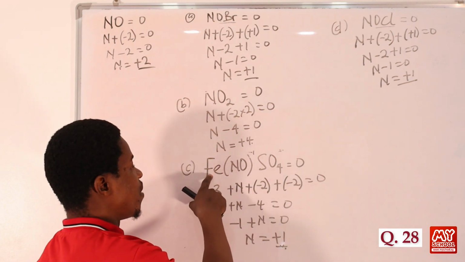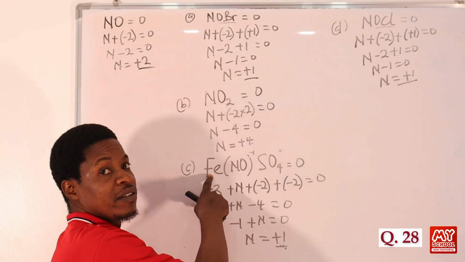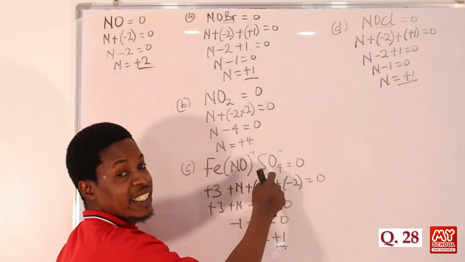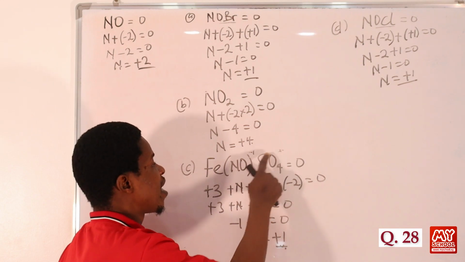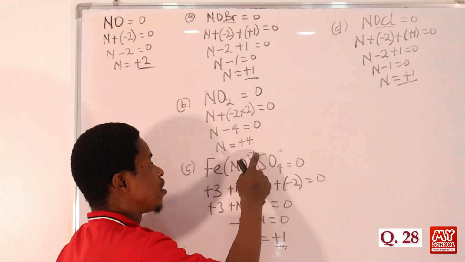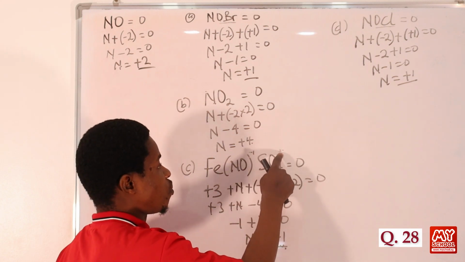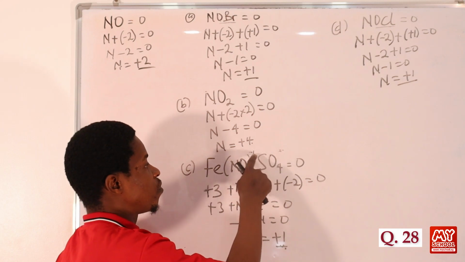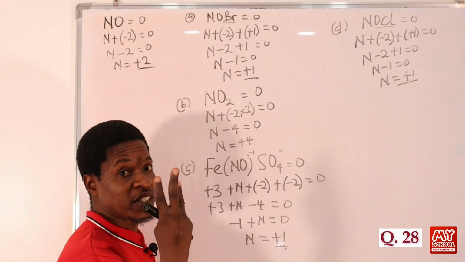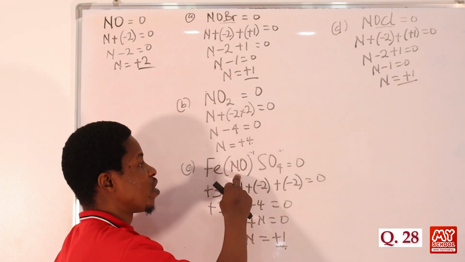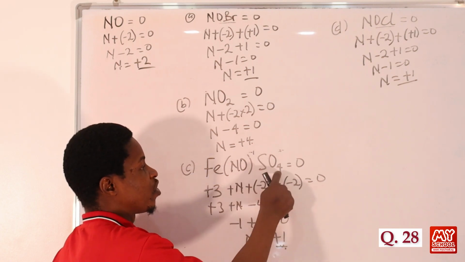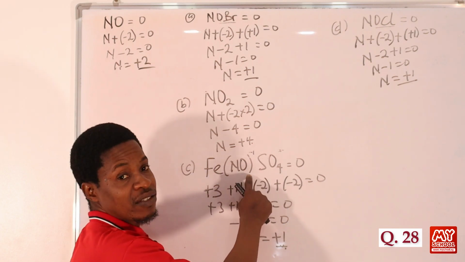FeNOSO4. We don't know if this Fe is iron 2 or iron 3, but we can know that from the radicals. If you take SO4 as a radical, it is actually 2-, and this NO, if you take it as a radical, should be -1. So -2 and -1 will be -3. So we also need 3 positive ions to combine with this. So Fe definitely will be +3, since the combination of the two anions is -3.